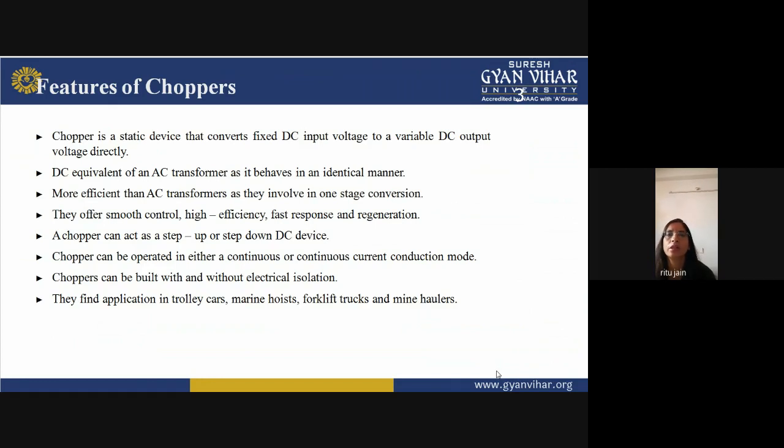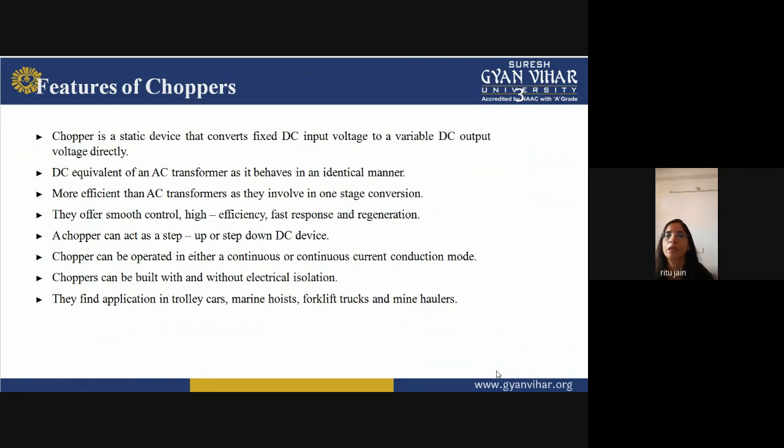So you can get fixed DC input voltage to variable DC voltage, and the output voltage may be less than your input voltage, or it may be higher than your input voltage.